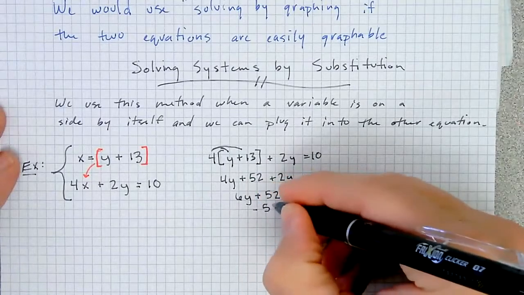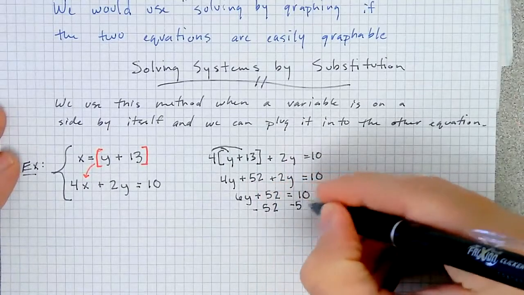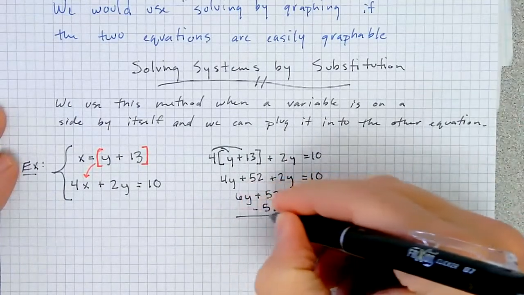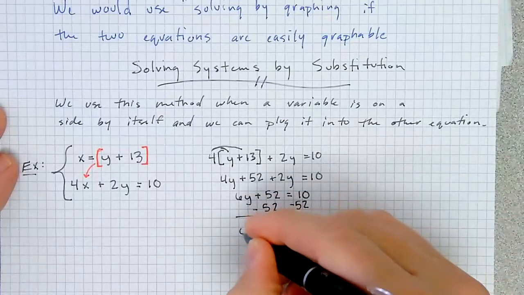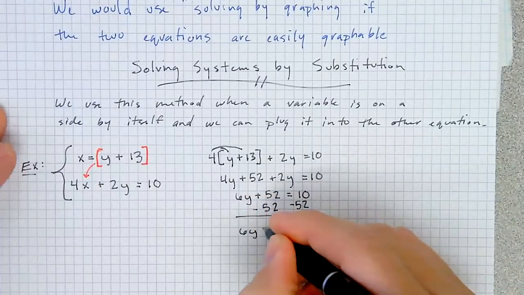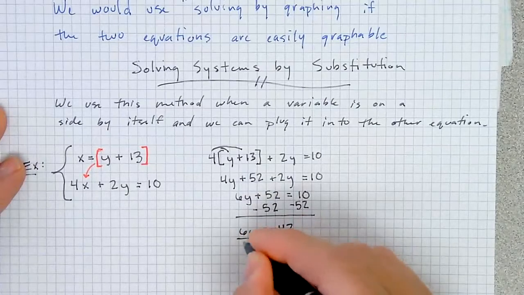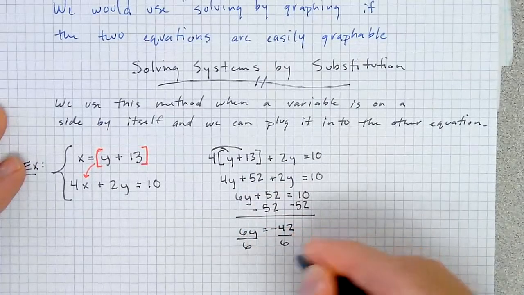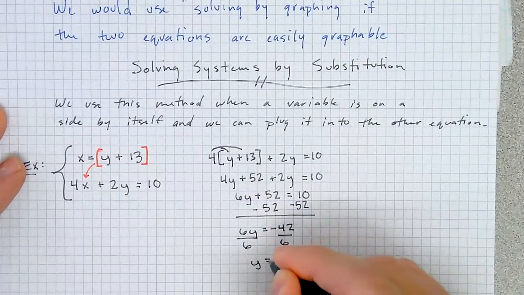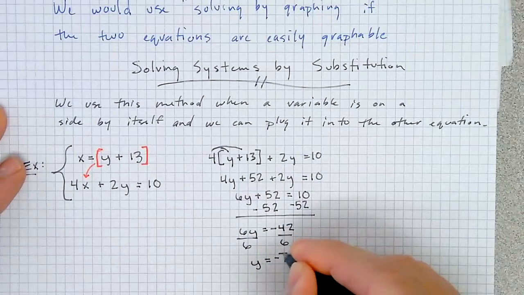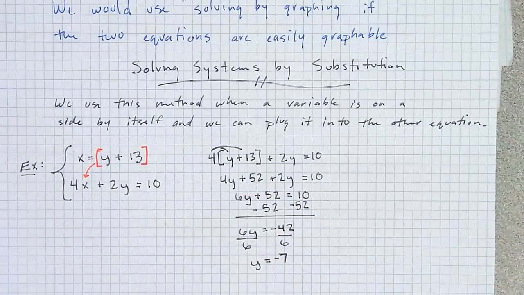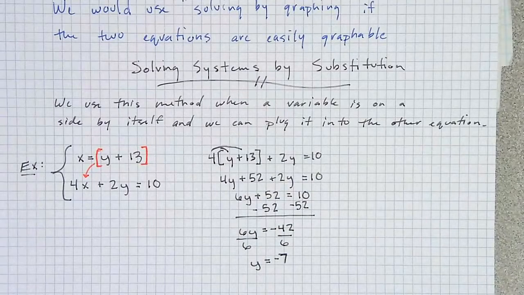Subtract 52 from both sides. 6y equals negative 42. Which gives us y, then divide by 6.